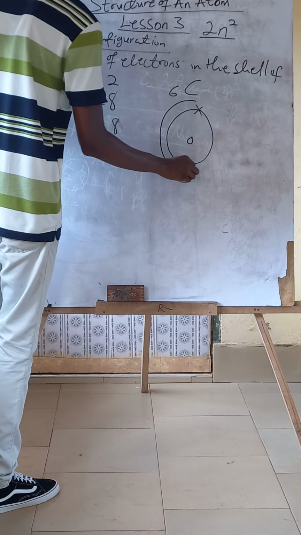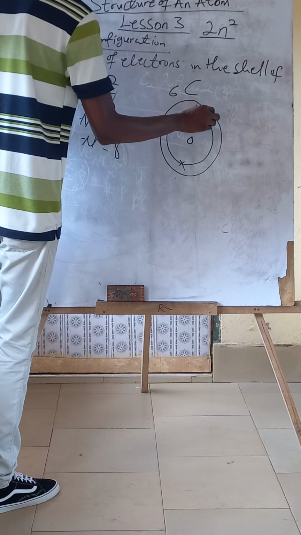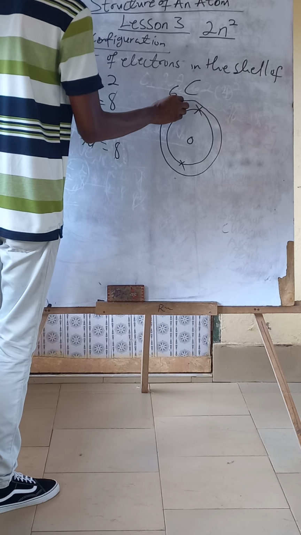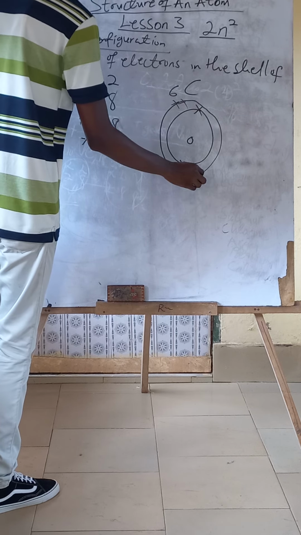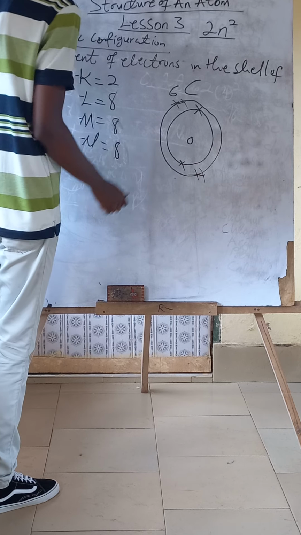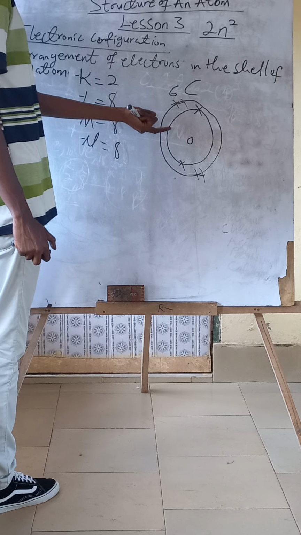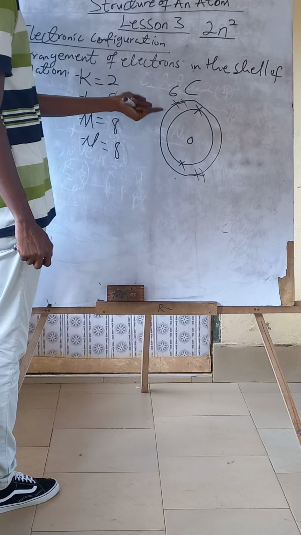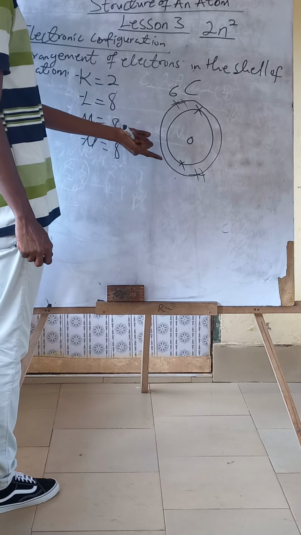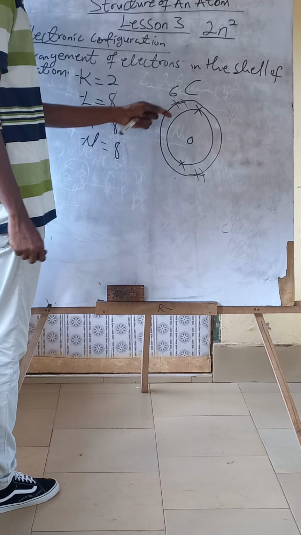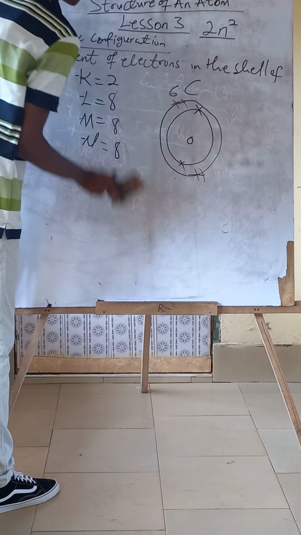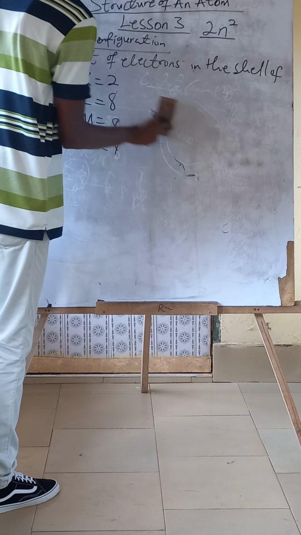And the remaining 4 electrons, you put inside the L shell. So arranging these 6 electrons inside the shells of the carbon atom is what is called the electronic configuration. Whenever you are arranging electrons inside the shells of an atom, we call it electronic configuration.